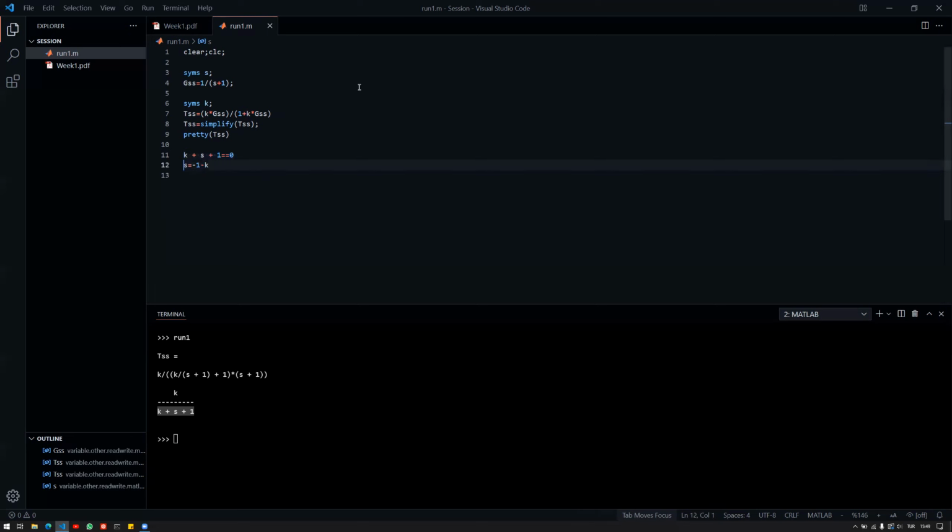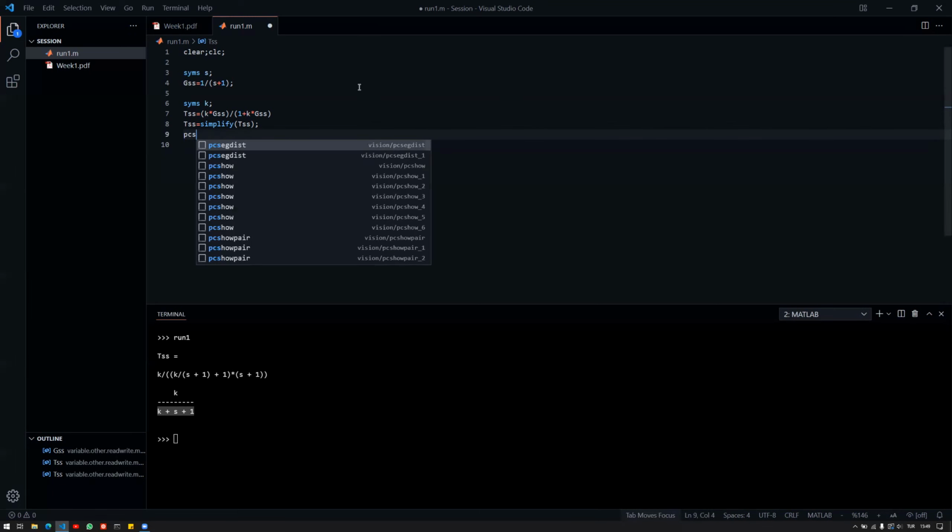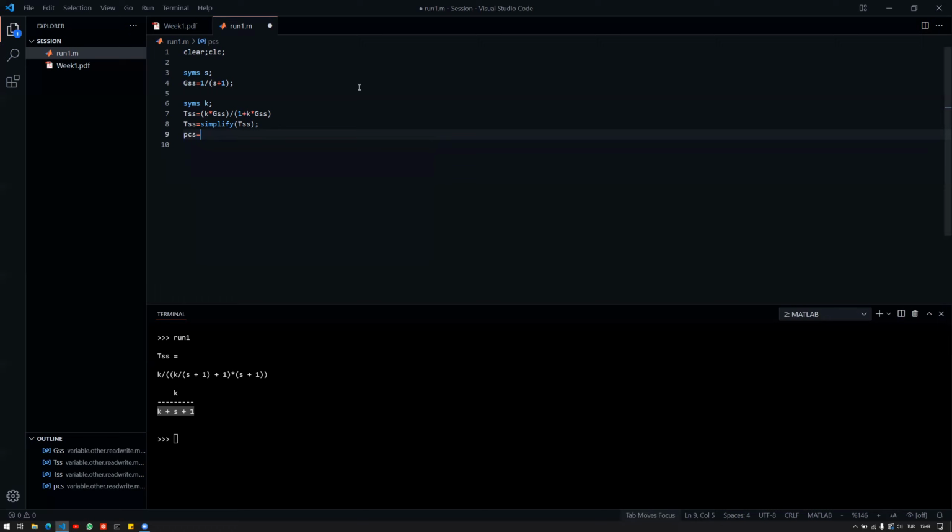For example, let me first acquire the characteristic polynomial. Let's call it PCS, polynomial characteristic, and the s variable here. So in order to do that, I have to use this fraction, and I need to decompose it into its numerator and denominator, and take the denominator part.